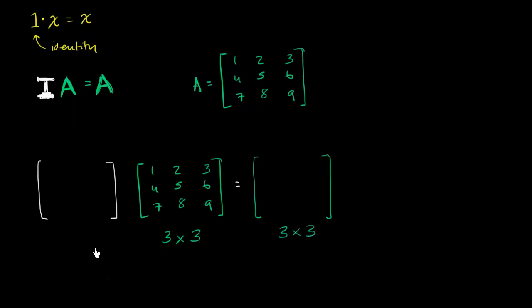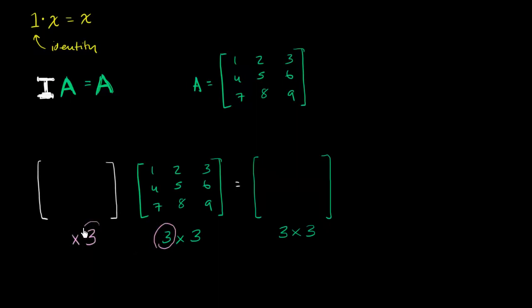So there's a few things that we know. First of all, in order for this matrix multiplication to even be defined, the identity matrix has to have the same number of columns as A has rows. Well, we already see that A has 3 rows, so the identity matrix is going to have 3 columns.